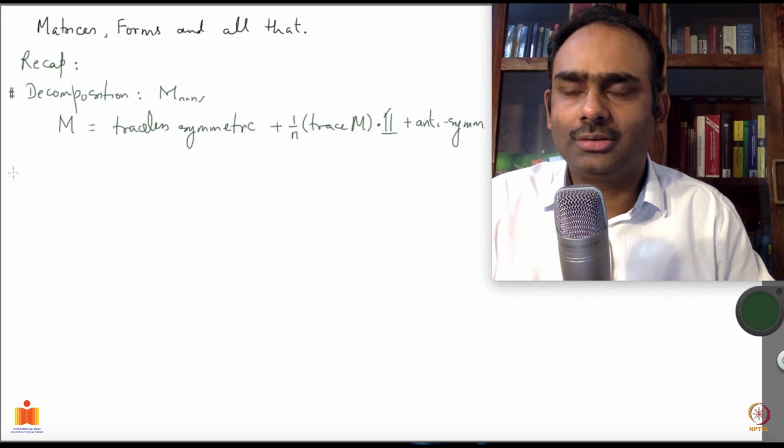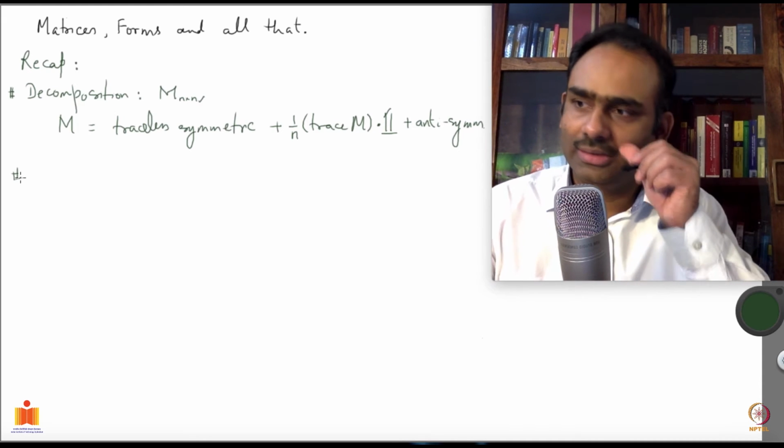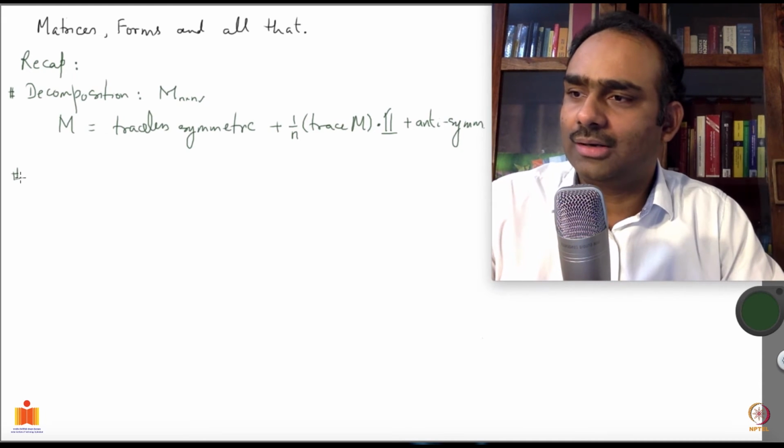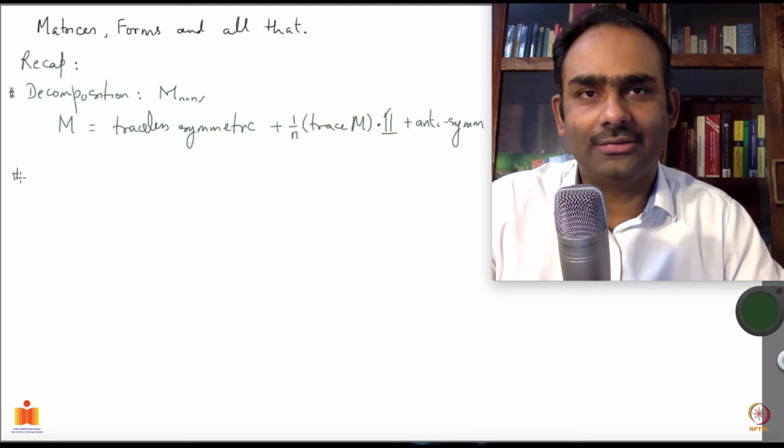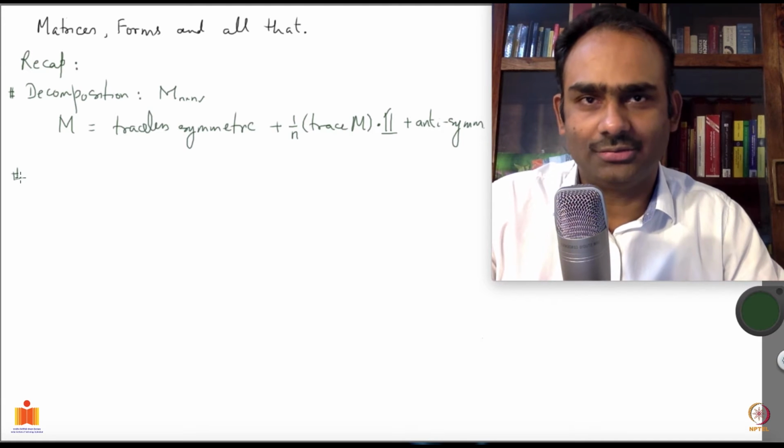Then we also defined what are positive definite and positive semi-definite matrices, for Hermitian case and real cases. Okay.